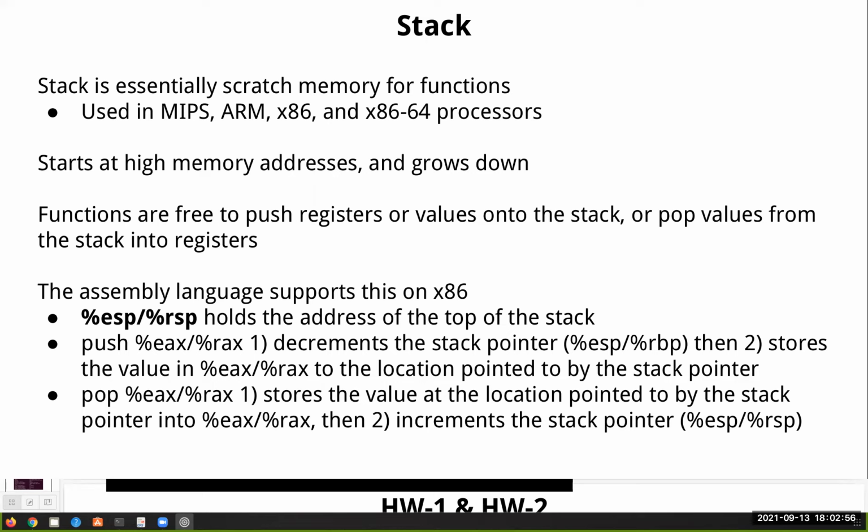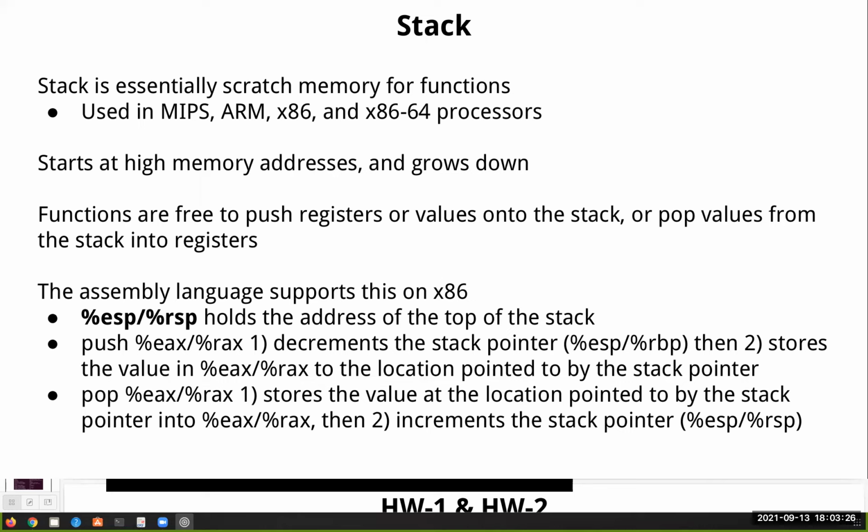Okay, so we have a push instruction. For example, we can push EAX or push RAX. This instruction has two steps. The first step is to decrement the stack pointer, which is the ESP or RSP. Then it stores the value in EAX to the memory location pointed to by the stack pointer.